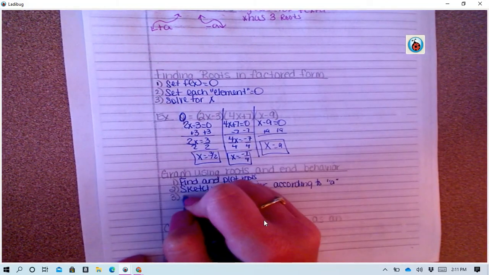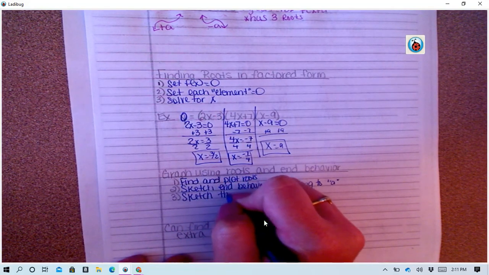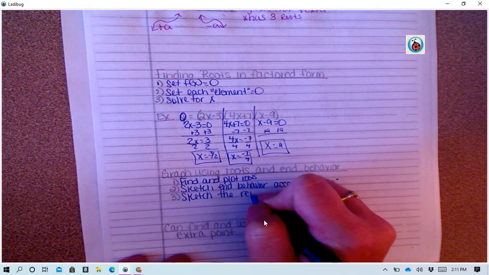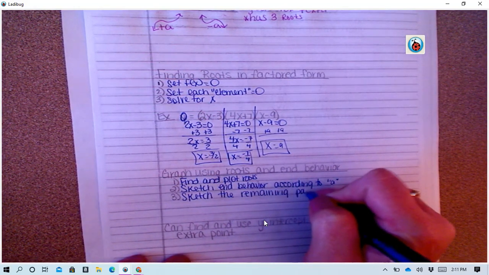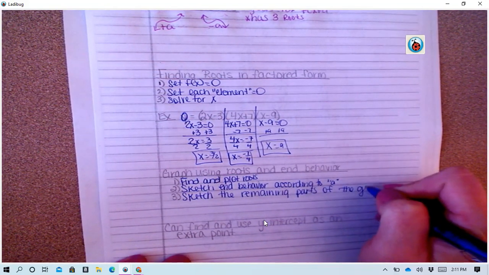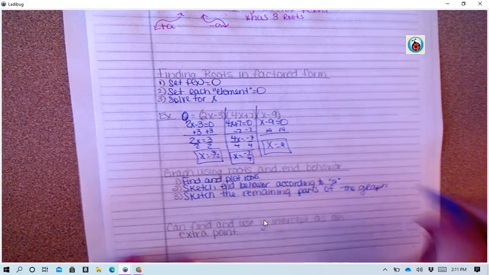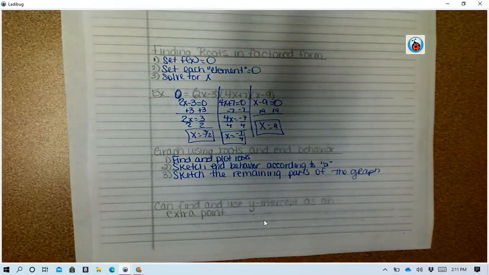And then you are going to just sketch the remaining parts of the graph. And then one more thing you can remember to do is you can find and use the y-intercept as an extra point when sketching your curve.